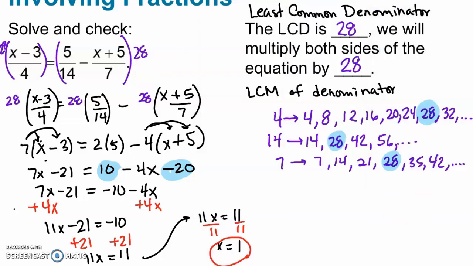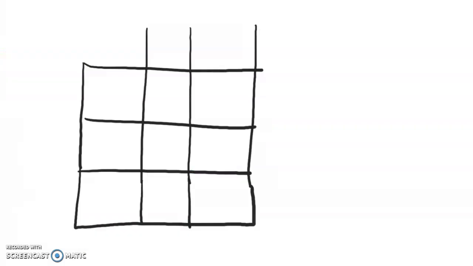Now, I had pulled up a whiteboard here because I want to show you another method to find the least common denominator without writing out all these multiples, because that can get very tedious. And if you start getting into larger numbers too, it gets harder to do. So instead, let's do this.